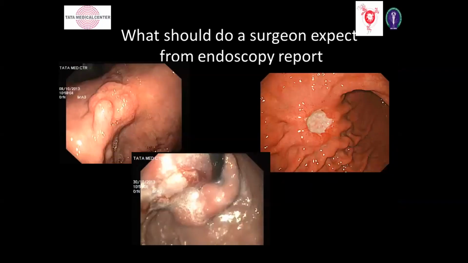Now, being a clinician, what should be the expectation from an endoscopist? If a patient of gastric cancer comes to a clinician, this important information has to be there about the type of lesion, and depending on the type of lesion, the patient's treatment plan differs.